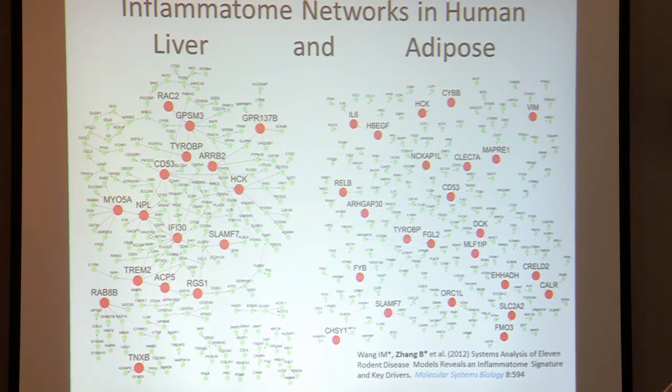So are you using those networks discovered in human and mouse, using those genes in human data to find out their property? Yeah.